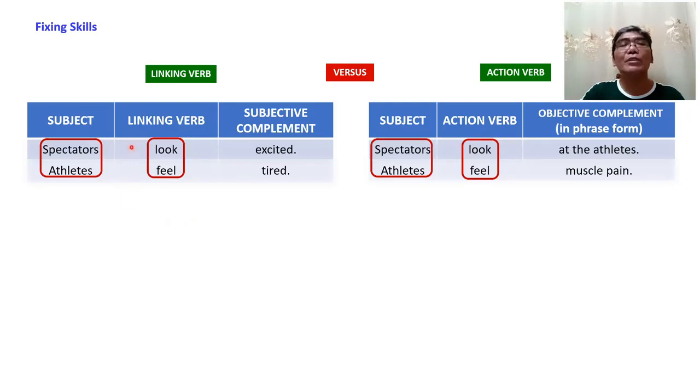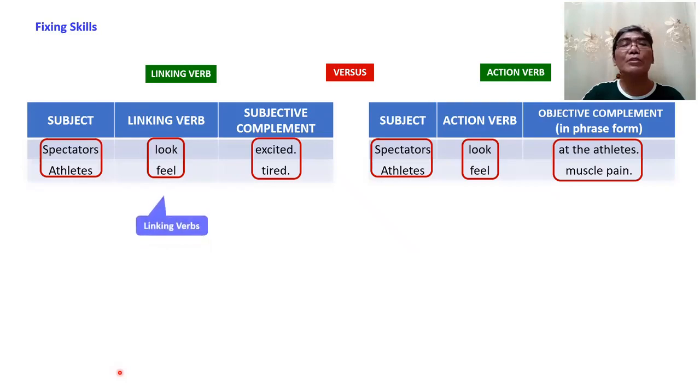The linking verbs look and feel at your left side are followed by the subjective complements excited and tired, while the action verbs look and feel at your right side are followed by the objective complements at the athletes and muscle pain.